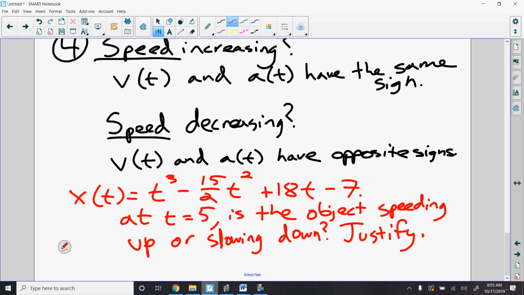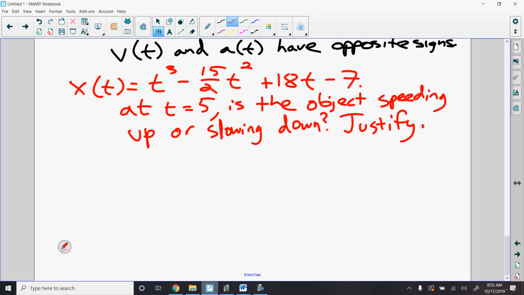So the first thing I need to realize here is that I was given a position function x of t. So I need to get my velocity equation and my acceleration equation. I'm going to do that by doing derivatives. Here's what I know. v of t must be equal to 3t squared minus 15t plus 18.